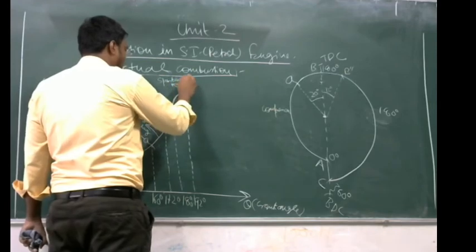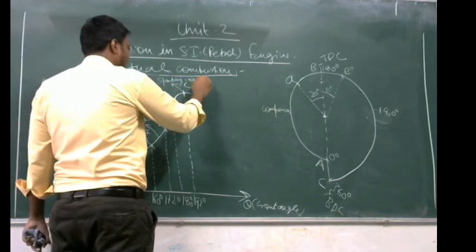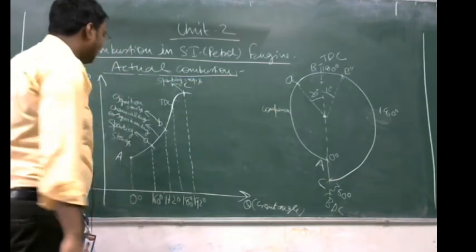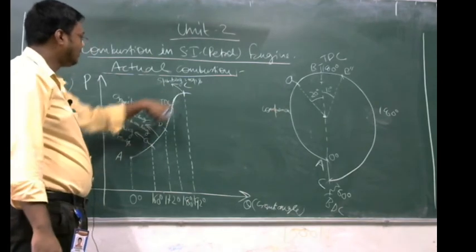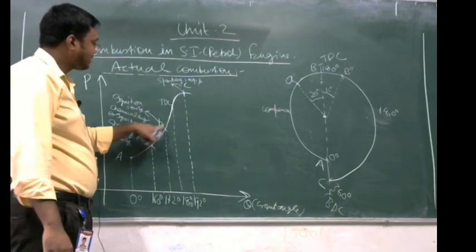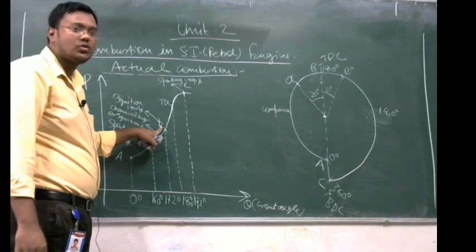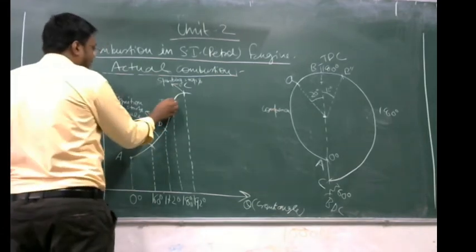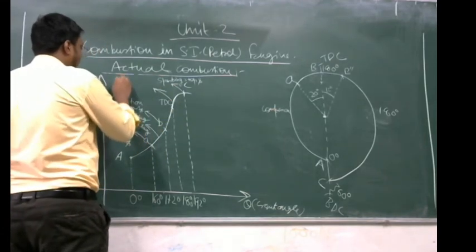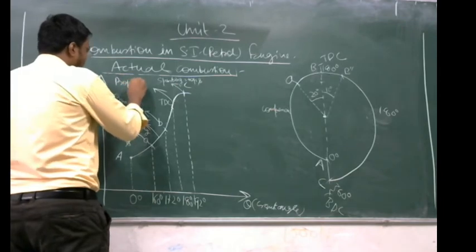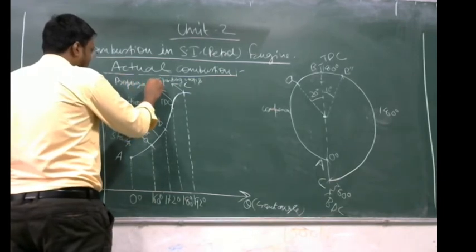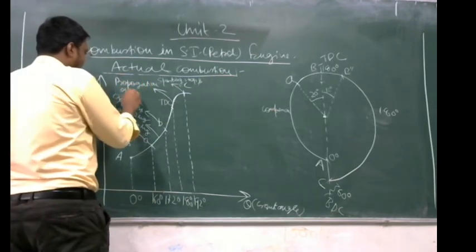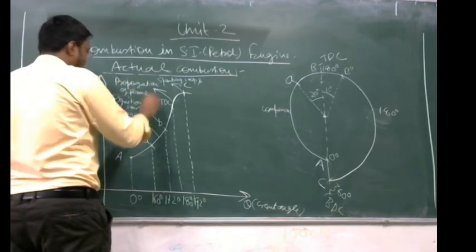So from B to C, this duration is the second stage of combustion, and it is known as propagation of flame.